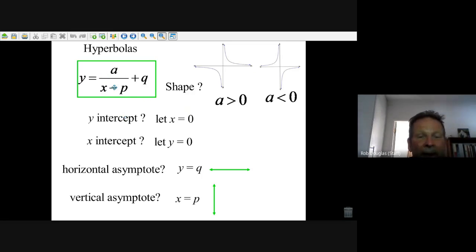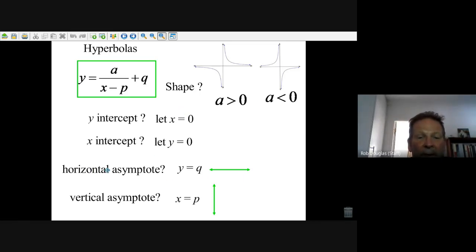Now, in grade 10, we just looked at hyperbolas that had a vertical asymptote of x equals 0. But in grade 11, it switches a bit here. If the number up here is positive, the shape will be in the first and the third quadrants. If it's negative, it'll be in the second and the fourth quadrant. But here's the easiest thing.